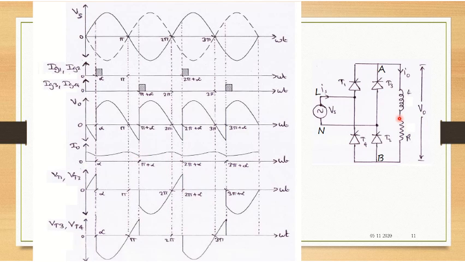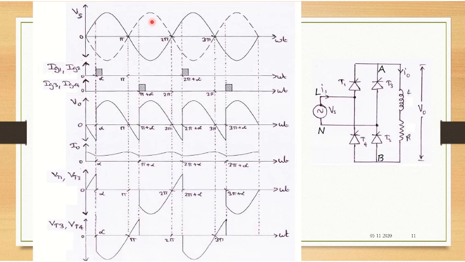Next, in the next cycle, observe that you are triggering T3 and T4. The moment the input voltage goes into the next cycle, between pi to 2 pi, when you are triggering T3 and T4, they will be conducting.